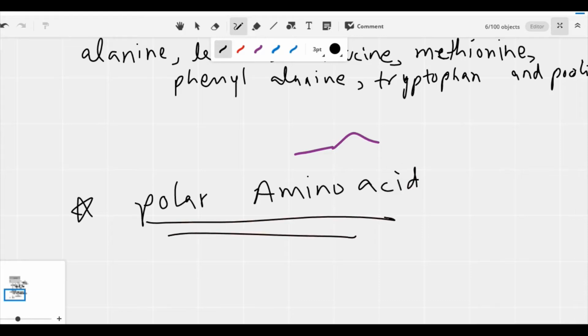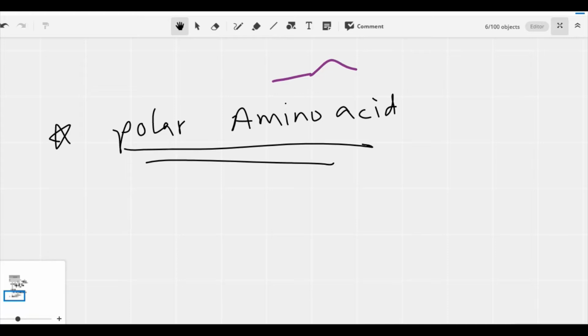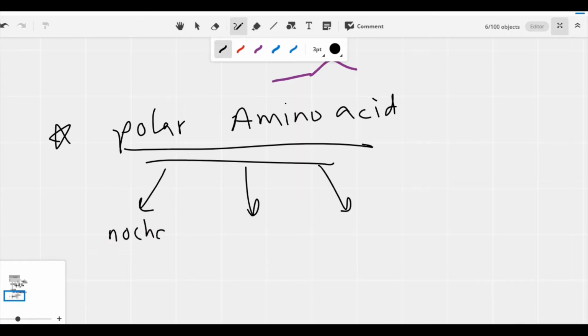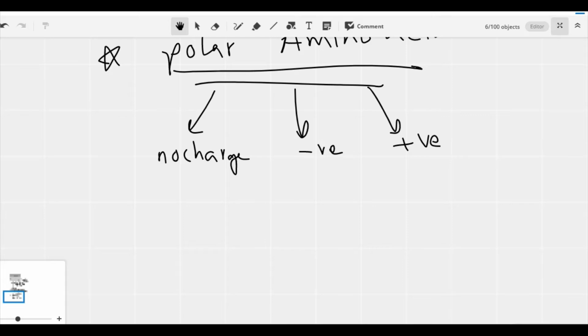In the polar amino acids, you need to remember there are three different types: one contains no charge, one contains negative charge, and one contains positive charge. The no-charge polar amino acids possess groups on the R group such as a hydroxyl group, the OH group, a sulfhydryl group, or an amide group.